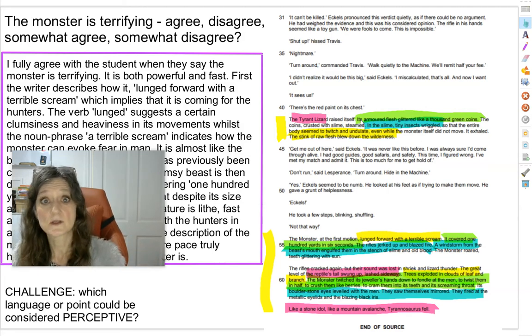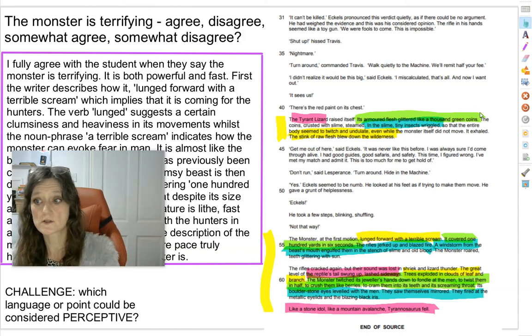I like this physical description here. Its armoured flesh glittered like 1,000 green coins. So you've got the idea of armoured, that the monster is terrifying because it's so hard to penetrate its scaly skin. Glittered has connotations of wealth and royalty, and so does coins, like treasure.